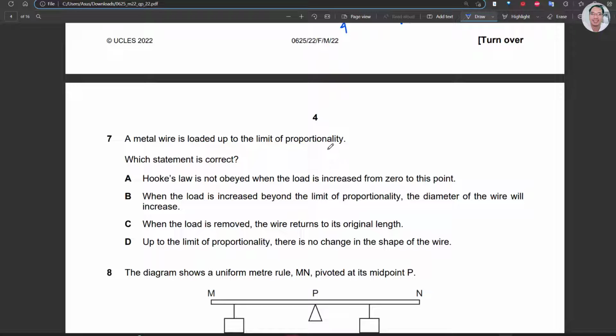It is wrong because it will obey Hooke's law during the first tiny increase in extension of the Y. The load increases beyond the limit of proportionality, the diameter of the Y will increase. Wrong. Not obey, wrong. The load is removed, the Y returns, wrong. Yeah, so that is very likely to be D.